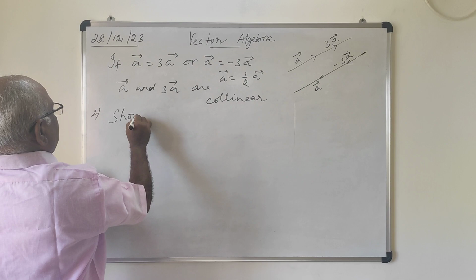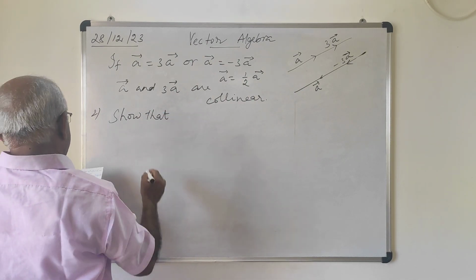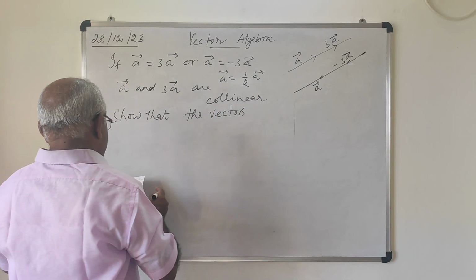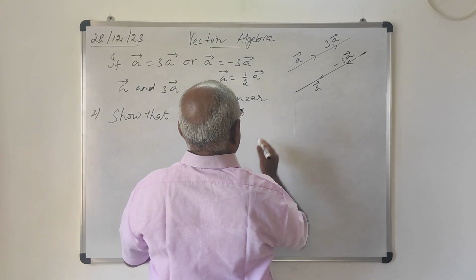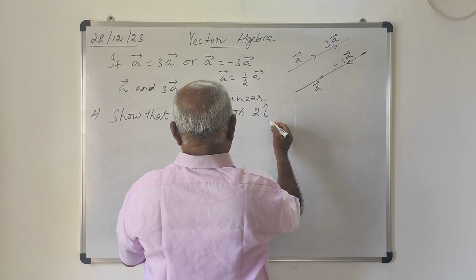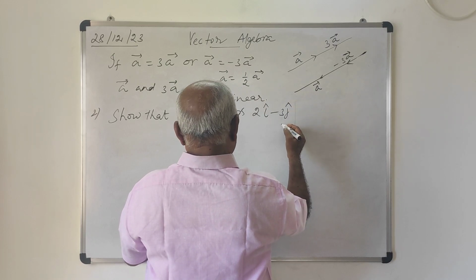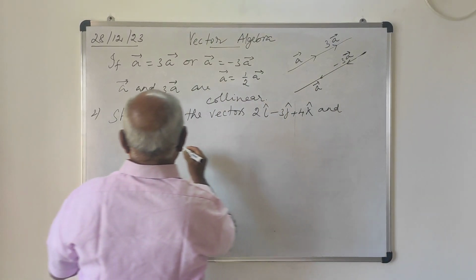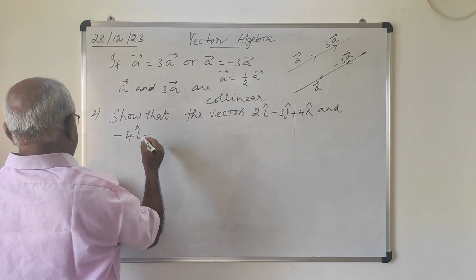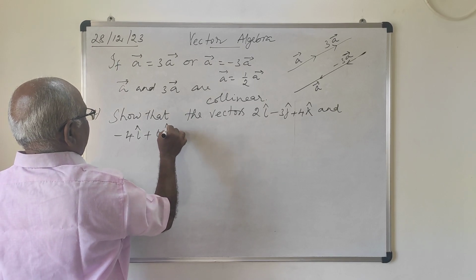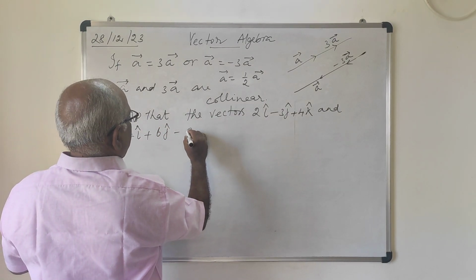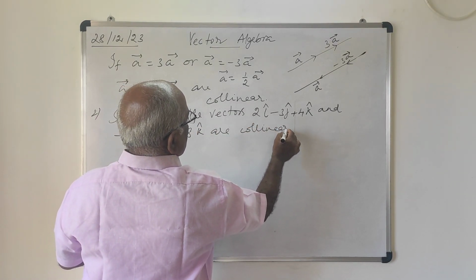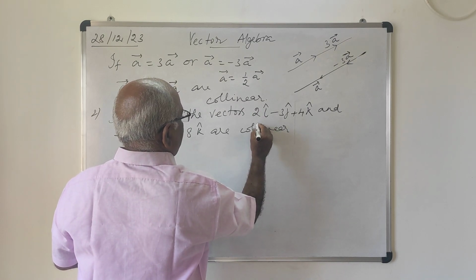Show that the vectors 2i minus 3j plus 4k and minus 4i plus 6j minus 8k are collinear. They ask you to find out whether these vectors are collinear.